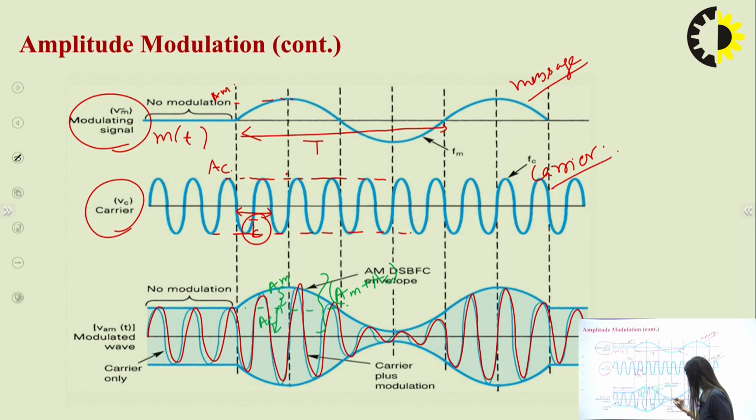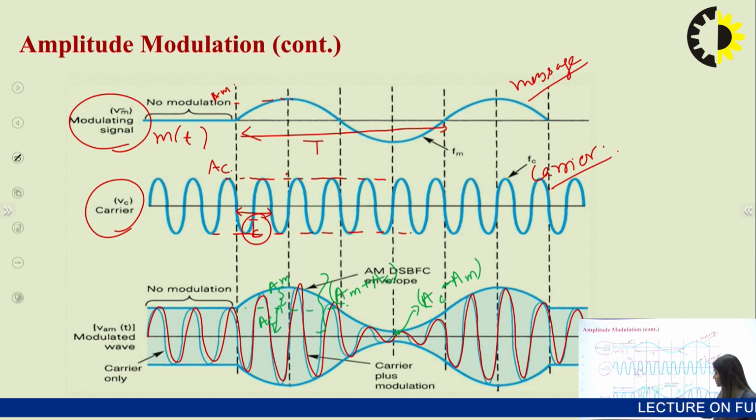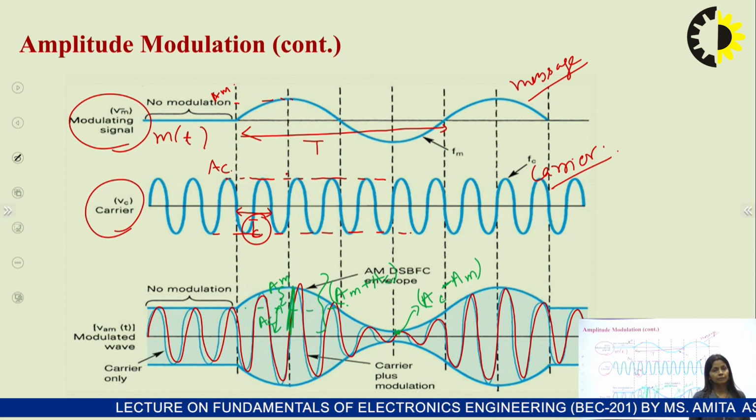Now if I want to calculate the difference of these two, this was my AC, and subtract this AM, and it will give you AC minus AM. So I have calculated the maximum and minimum amplitude of the carrier wave, right?